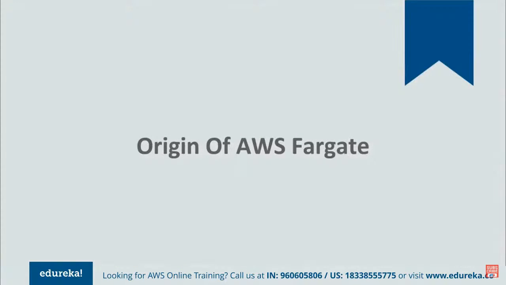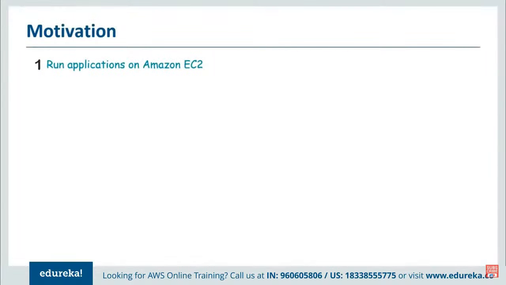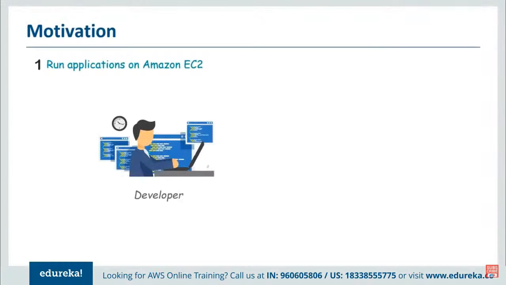First, let's try to understand why Amazon launched AWS Fargate when it already has other popular container services like Amazon Elastic Container Service and Amazon ECS for Kubernetes. And what is the story behind it? So about a few years ago, before any container services were even introduced, people used to launch their applications on virtual machines. Well, in this case, it is Amazon EC2 instances.